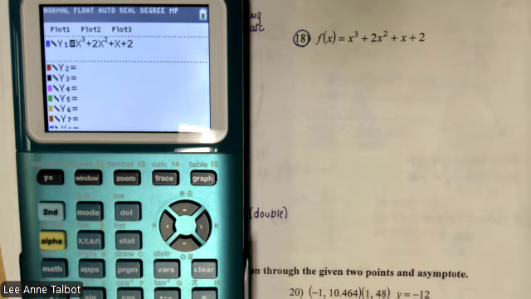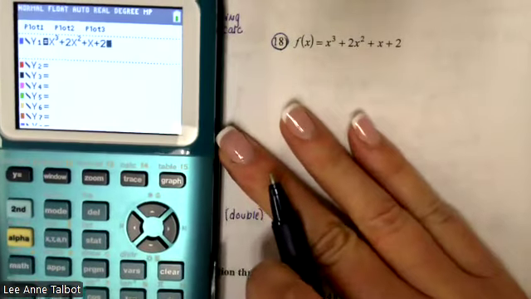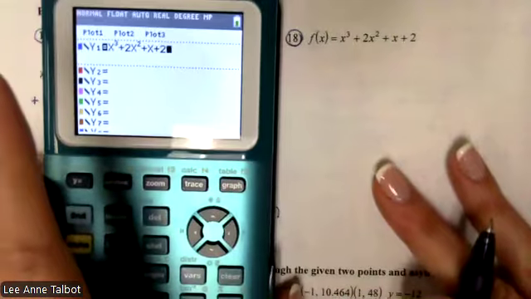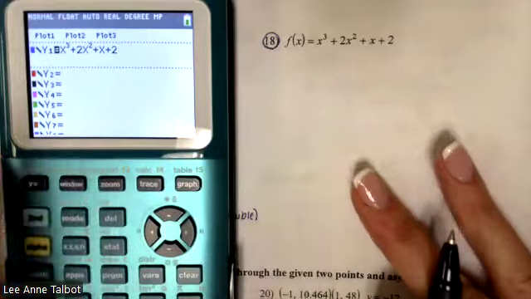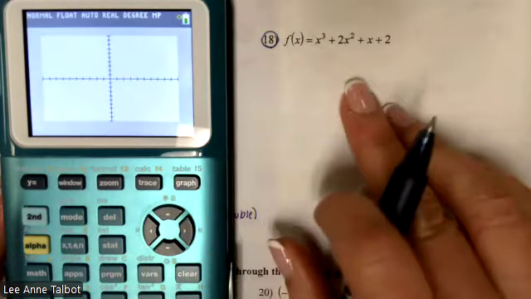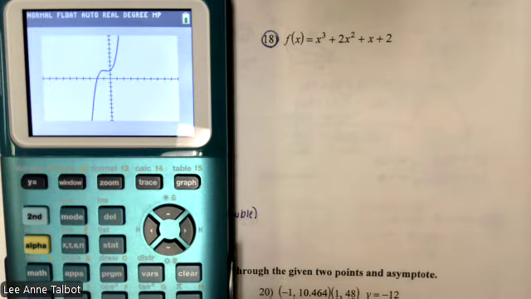Okay, and the goal here is to find a root. So we want to find something that we can divide by, so we can start to factor this problem. So once you have this typed in, hit graph. Okay, and then let me know if you found a root.